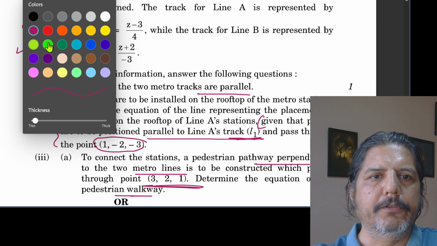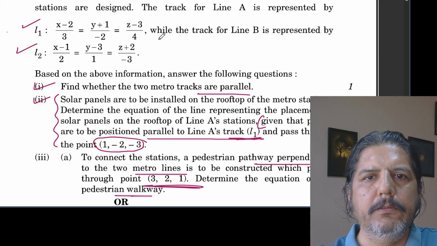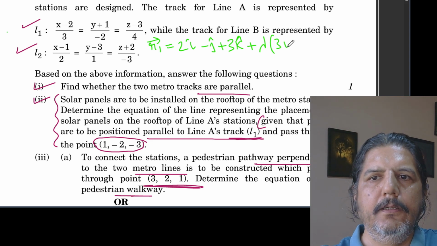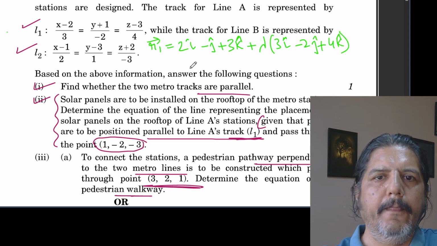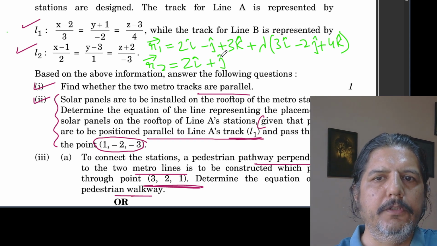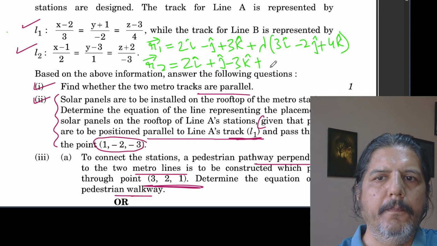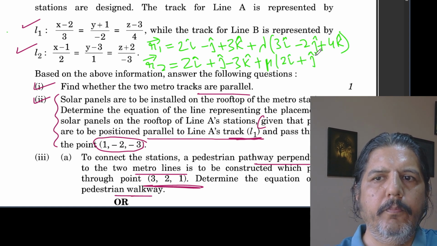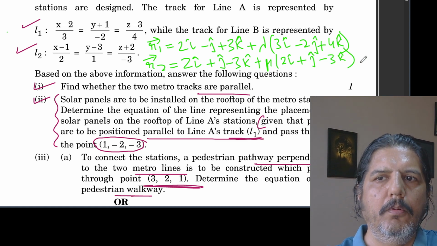First, let me write this in vector notation. So I can write this line as R1 is equal to 2i minus j plus 3k plus lambda times (3i minus 2j plus 4k), and R2 would be equal to 2i plus j minus 3k plus mu times (2i plus j minus 3k).